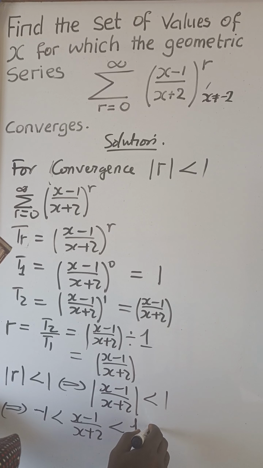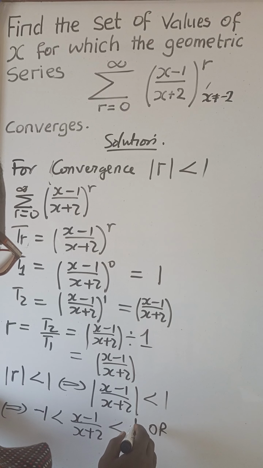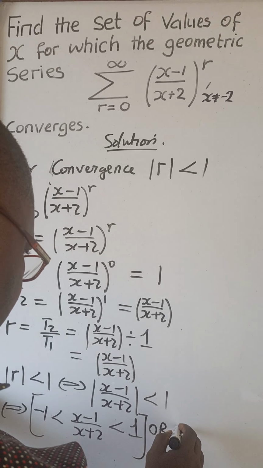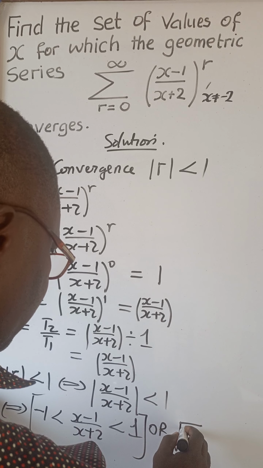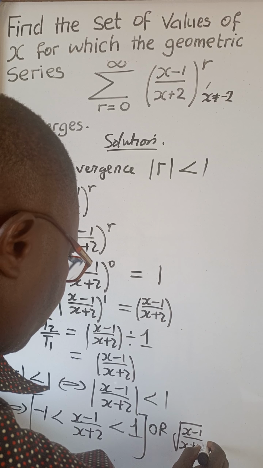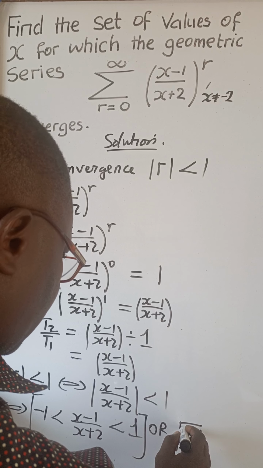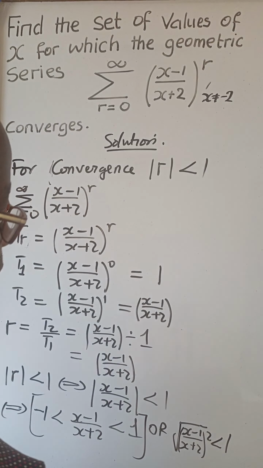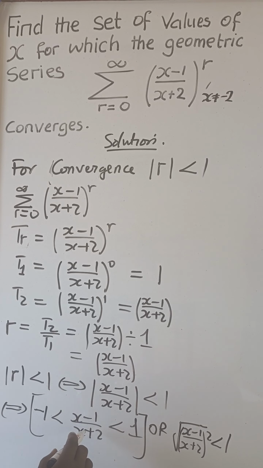Or, we have the square root of ((x − 1)/(x + 2)) squared less than 1. So we either solve this or we solve that. We're going to handle the two cases and see if we get the same result.